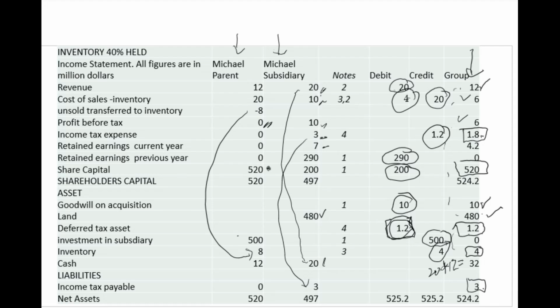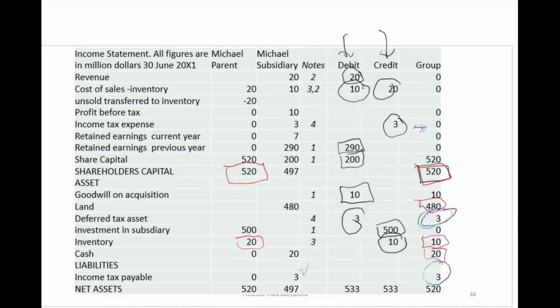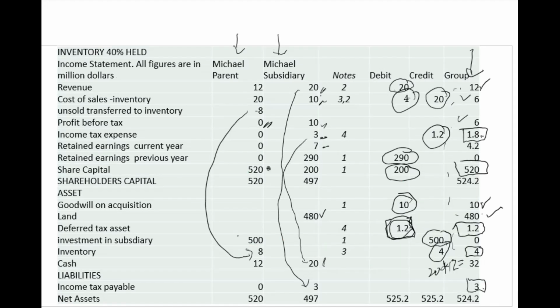But if it is 100% of inventory being held, income tax payable 3 million would be completely a deferred tax asset of 3 million because that inventory will be sold in the future. But in this instance, 60% of the inventory has already been sold. And therefore, the deferred tax asset component is smaller, and 60% of that rises the income tax expense.